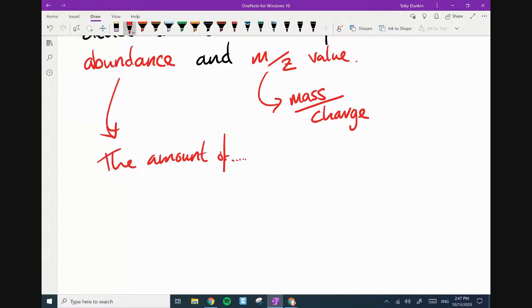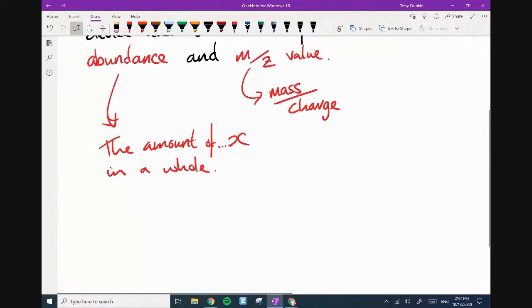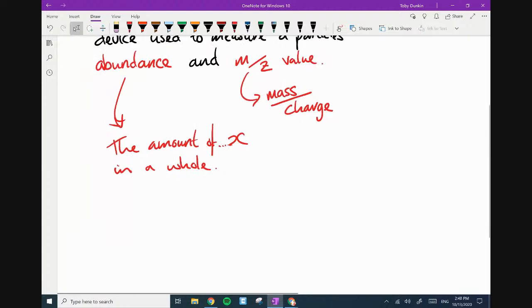Abundance is sometimes measured in terms of ratios because it's the amount of X in a whole. An example being, out of 100 particles, how common each isotope of an element is. Yes, absolutely, Louis, absolutely correct. I love that answer, it shows you how common that isotope is amongst others. The amount of X in a whole.